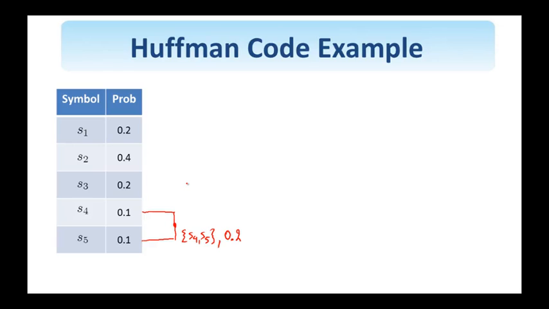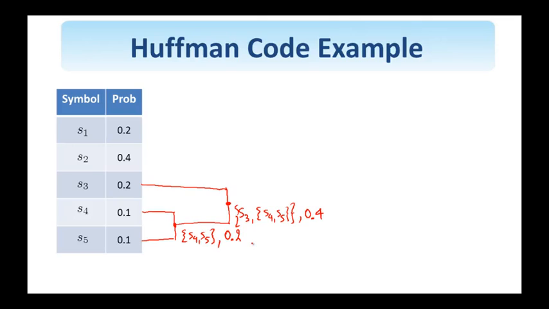I look at the probabilities now, and I want to combine the two symbols with the smallest probabilities. There are 3 symbols with probability 0.2, so I have to make a choice. Let's assume I choose to combine this symbol with this symbol here. So the symbol S3, S4, S5 is formed, and the probability of this symbol is 0.4. So I'm left with 3 symbols, S1, S2, and this composite one.